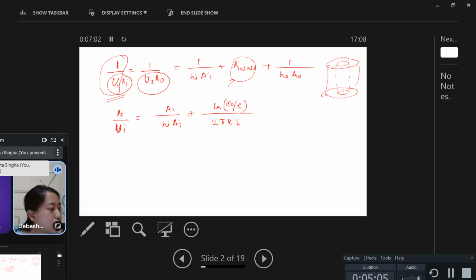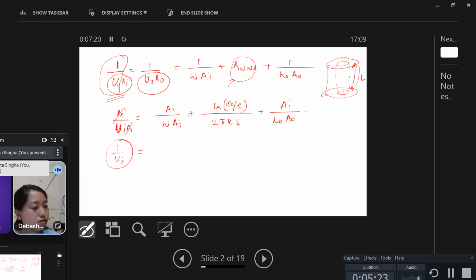This L is the length of the cylinder, okay? And this is Ai by h naught A naught. So this Ai will get cancelled. So this is the total resistance. Okay, so this is the R wall. This whole one is the R wall.